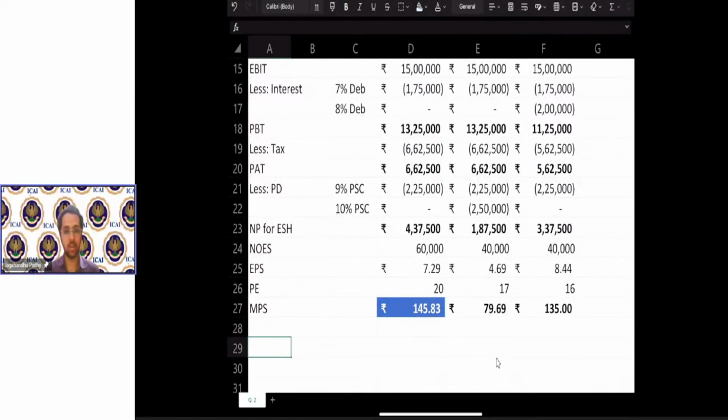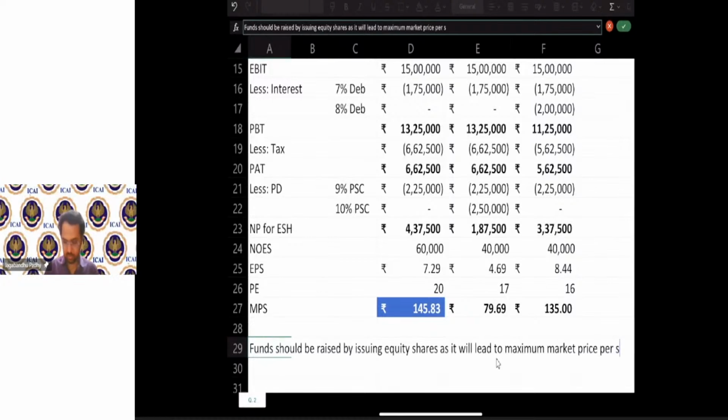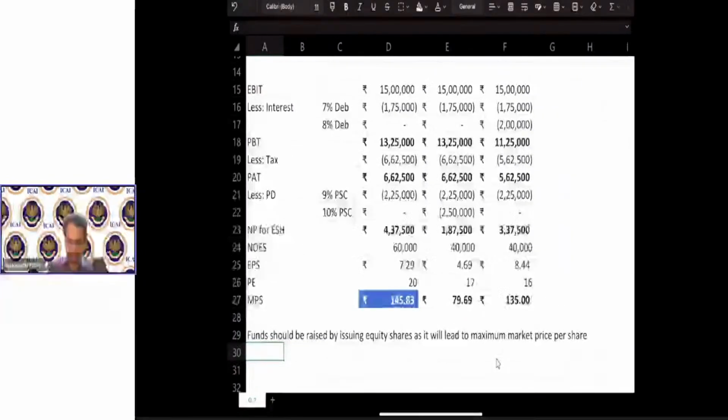So, in conclusion, we can say funds should be raised by issuing equity shares, as it will lead to maximum market price per share.